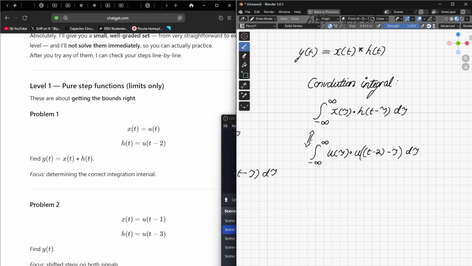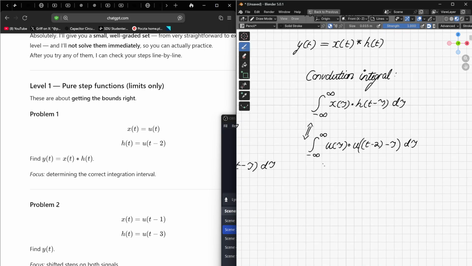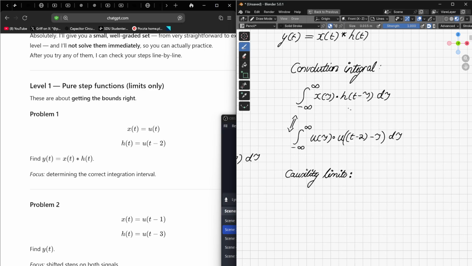So now we have to figure out the causality limits here. What we're going to do is, we're going to start with u(tau), and that's easy.